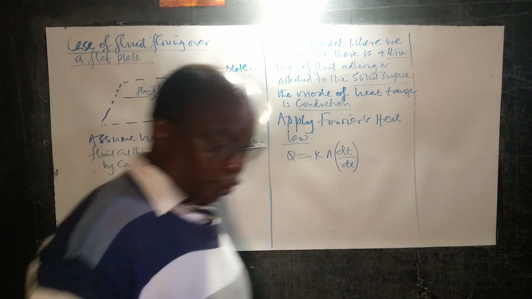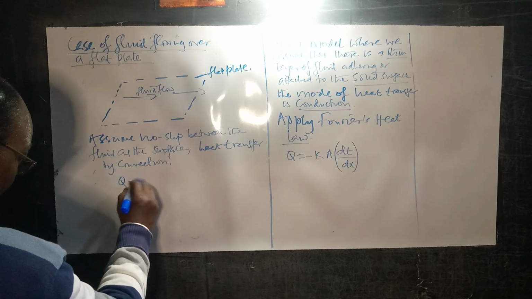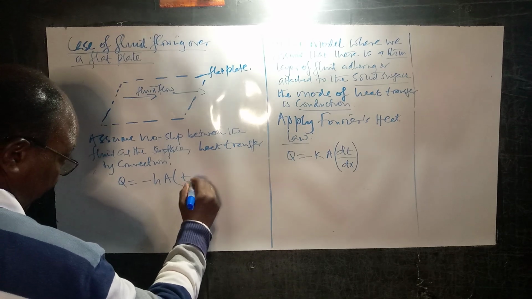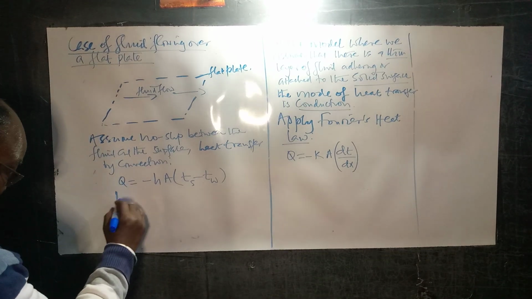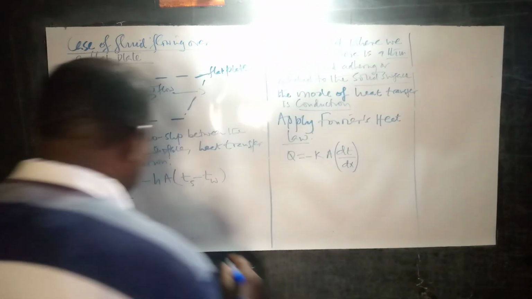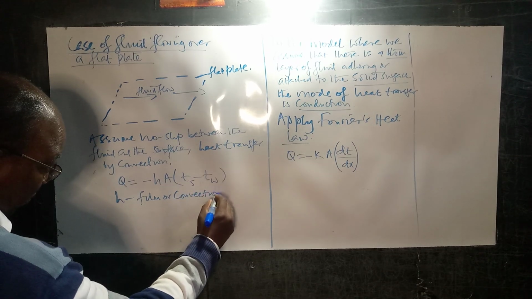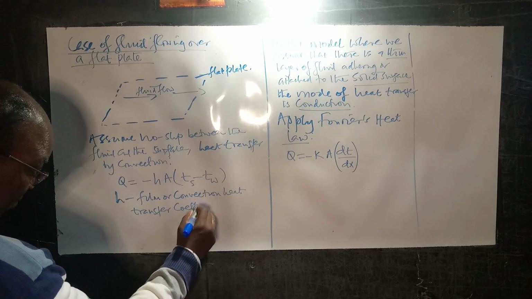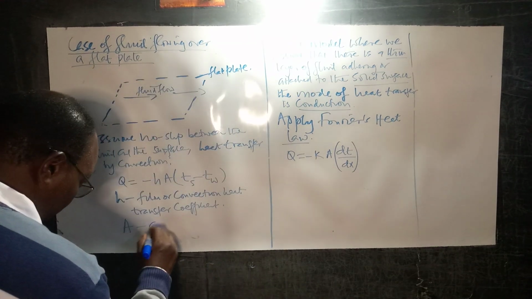And so we can express that transfer as Q equals minus hA (T of the surface minus T of the fluid), where h here is the film or convection heat transfer coefficient, and A is the surface of flow, the area of flow.